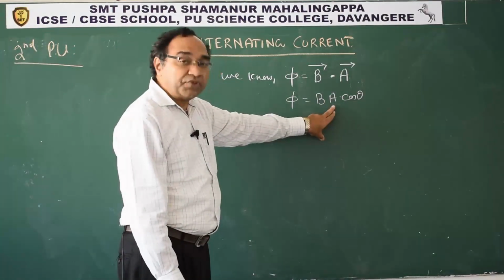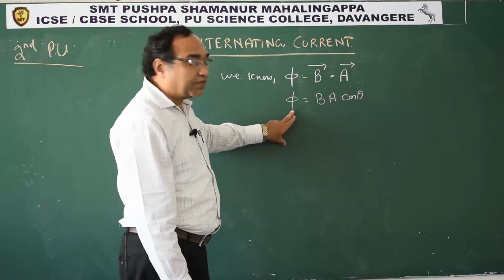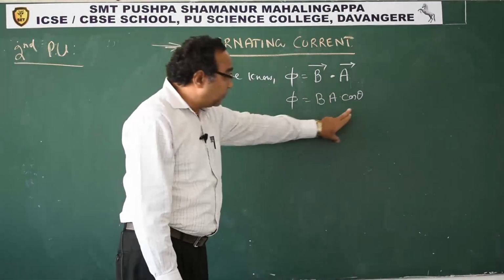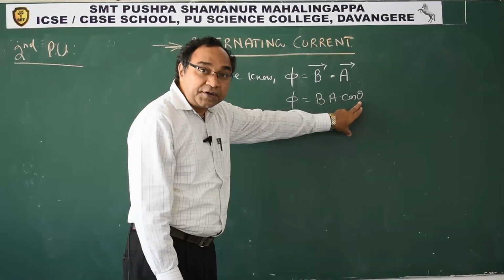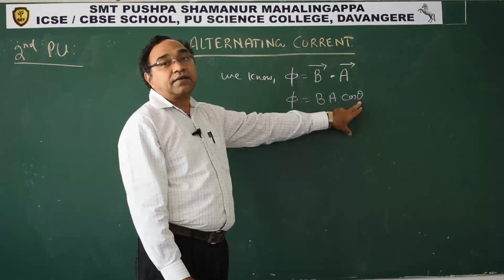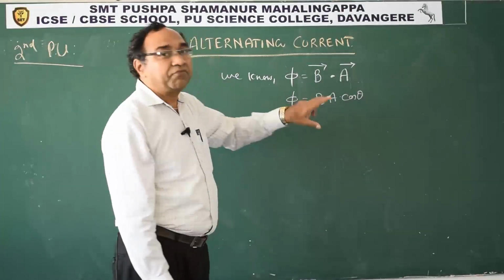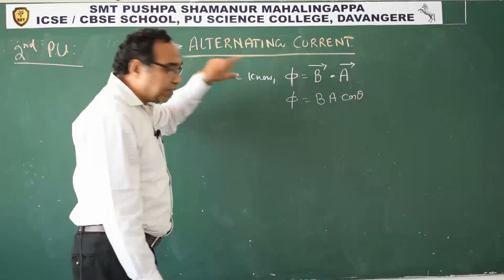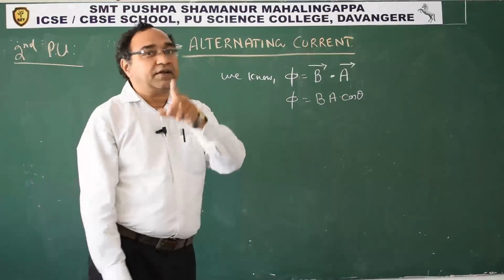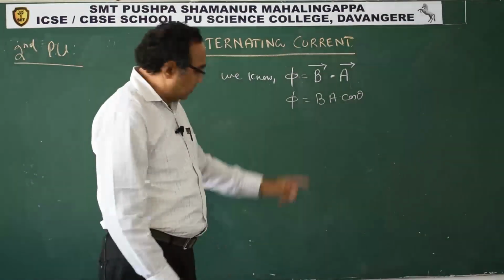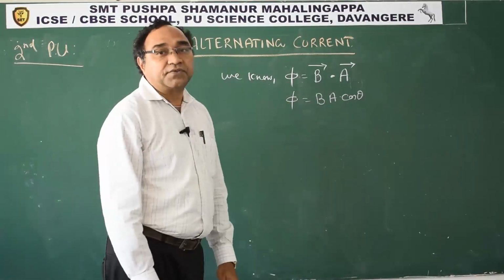If there is a change in area, flux changes, EMF is induced. If there is a change in orientation of the coil, then also there is a flux change, EMF gets induced. So here the third factor, that is a change in orientation, is what we are concerned with.